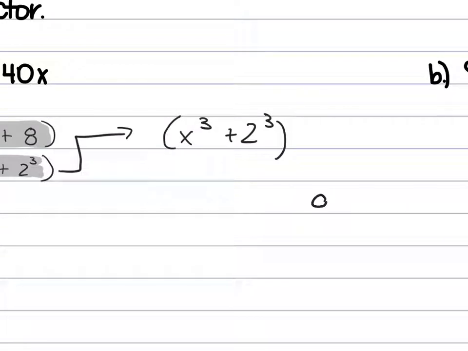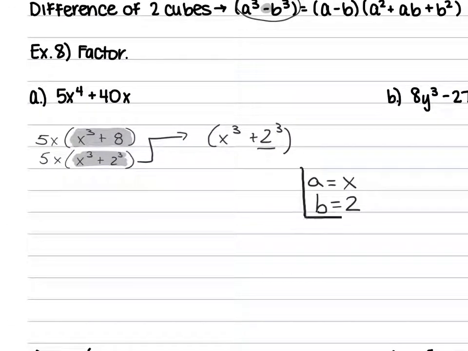We need to find A. What is being multiplied by itself 3 times to get x to the third power? That would be x. What is being multiplied by itself 3 times to turn into 8? 2. So my A is x, and my B is 2, which is a huge, important piece of information, and I'm almost done with this problem already.